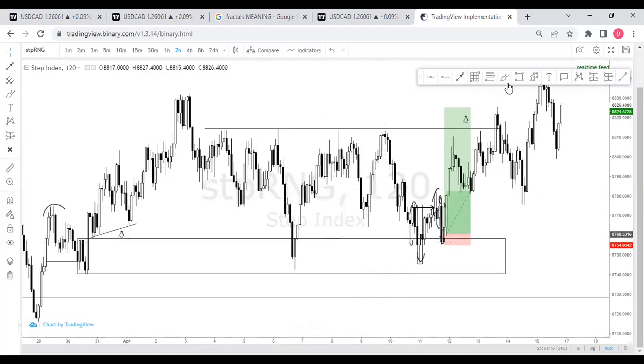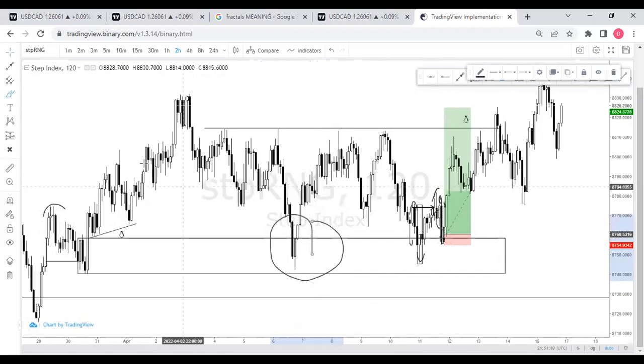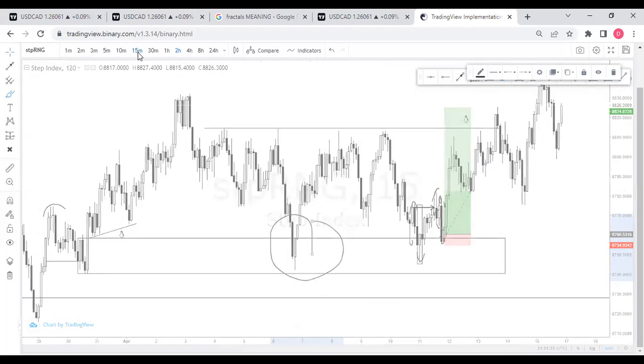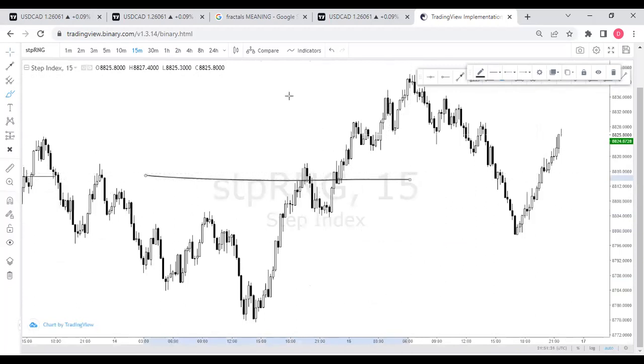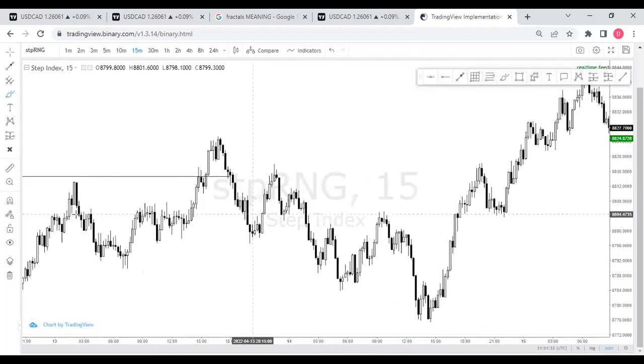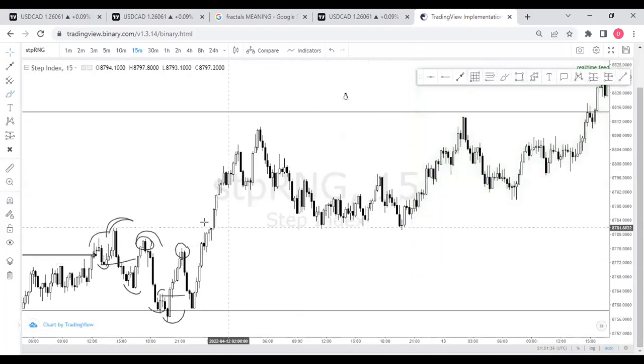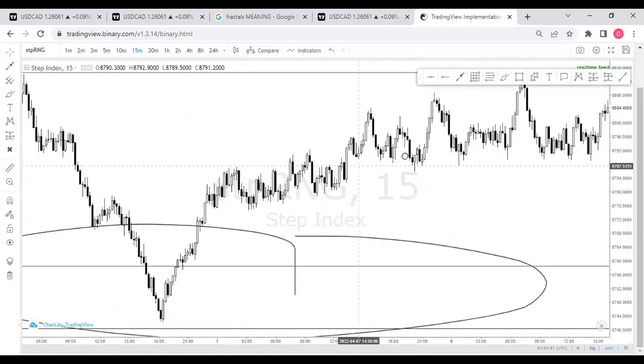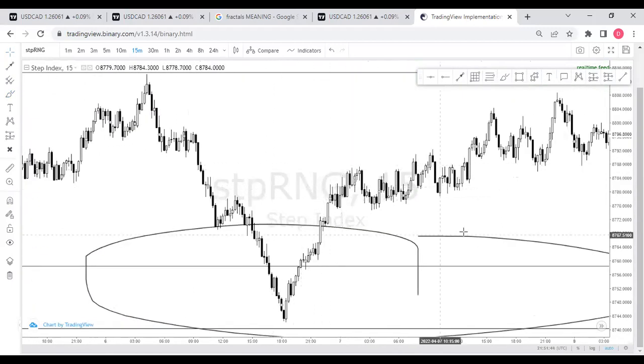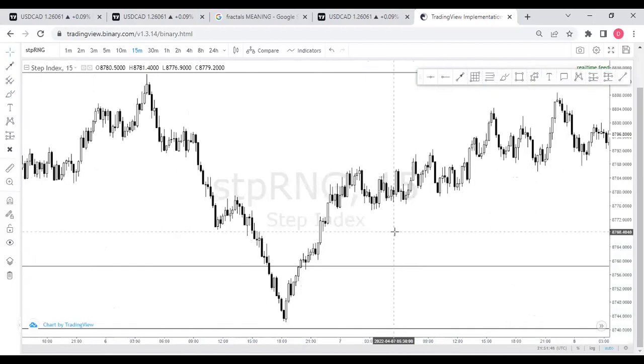Let's look at this. So let's go to the 15 minutes. So let me remove this. So this was when price initially came in, right?